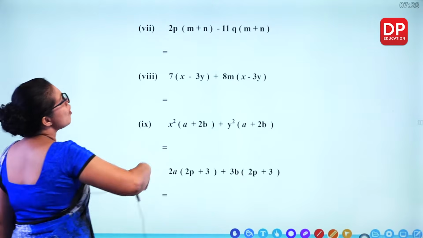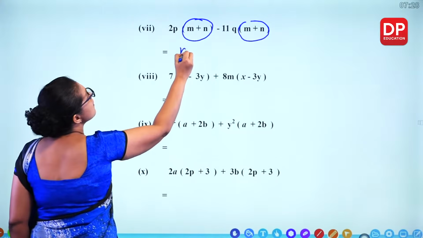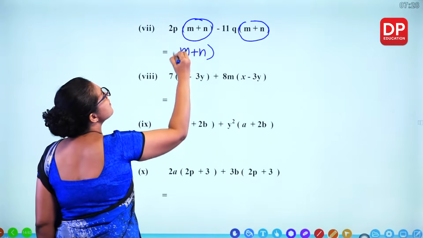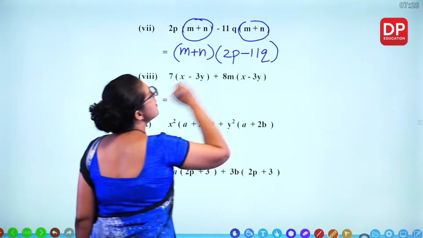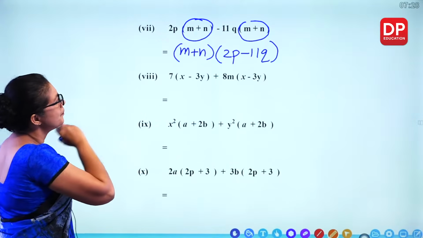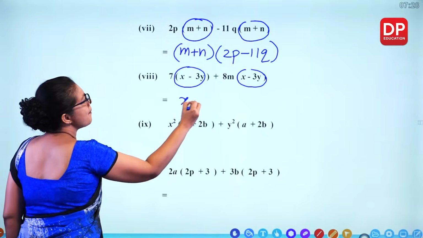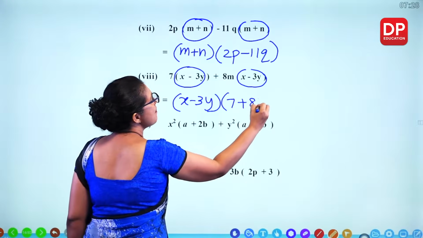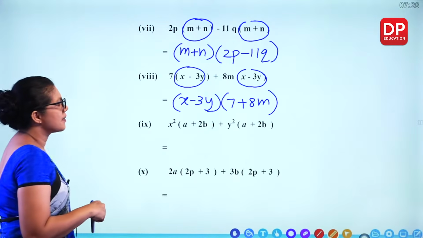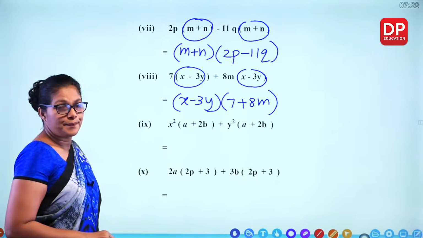M plus n is common. What's remaining? 2p minus 11q. Here also x minus 3y is common and 7 plus 8m is the remaining part. Always the sign here comes there.